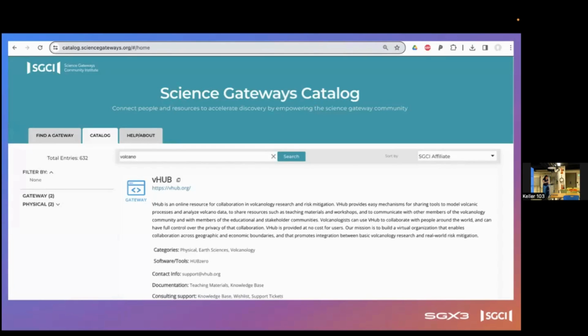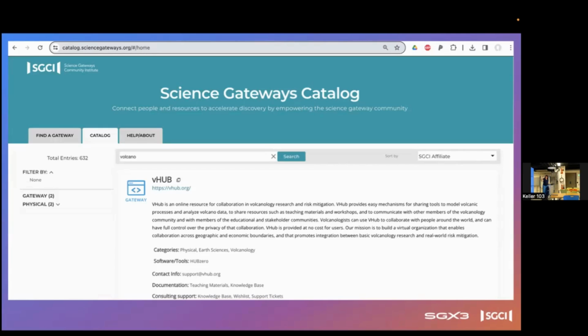Then, what you can see here, we have a science gateways catalog. As preparation for this talk, I put in "vocab". Do I find anything about vocab? And it found the VHub, the one I showed the picture about, a science gateway to make collaboration on volcanology research easier, and risk mitigation.